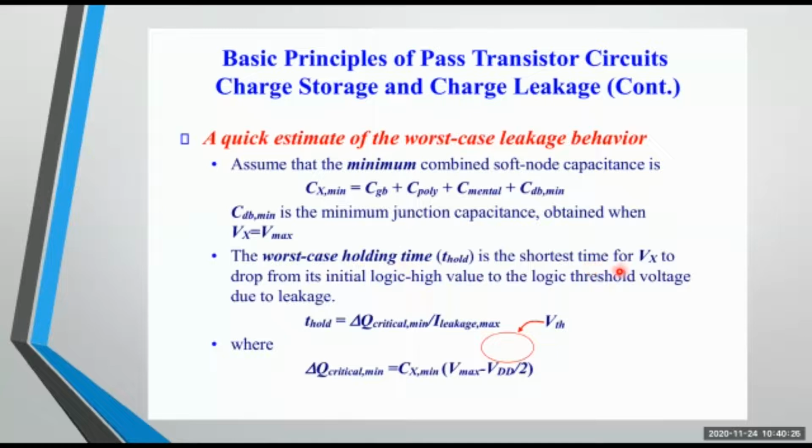It is the time taken by the capacitor to hold that high state before it drops to the logic threshold voltage of the particular transistor, due to leakage. So these are the different equations to find the hold time and also the minimum critical charge.